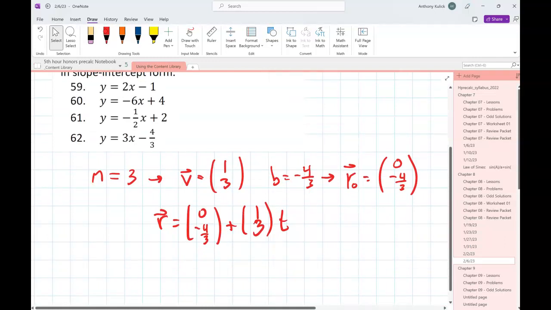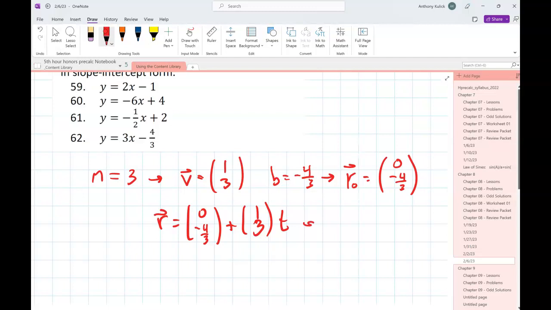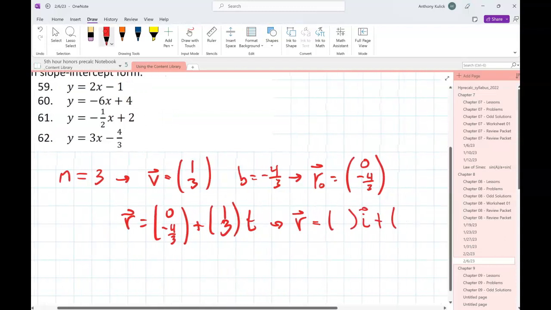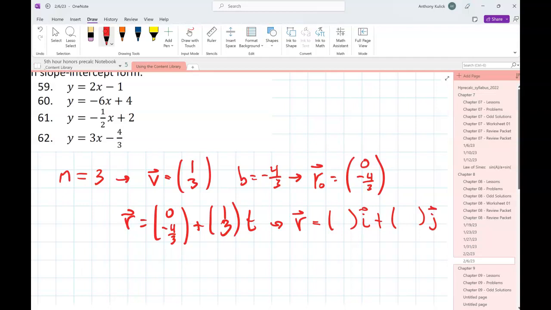So what it's asked me to do now is to write it in linear combination form. So it's going to be something times i plus something times the vector j, right? So remember that i is just the x component.